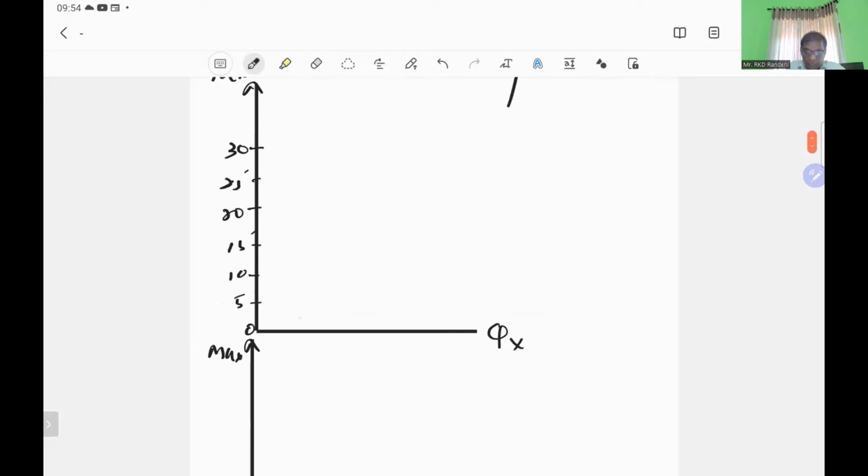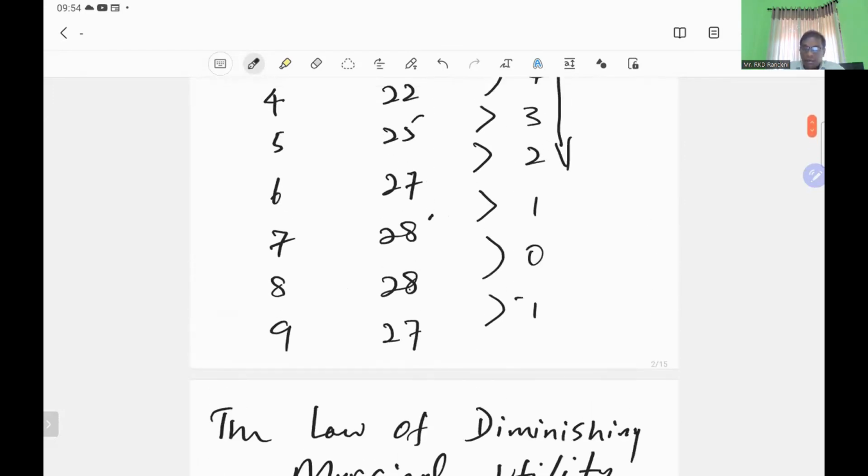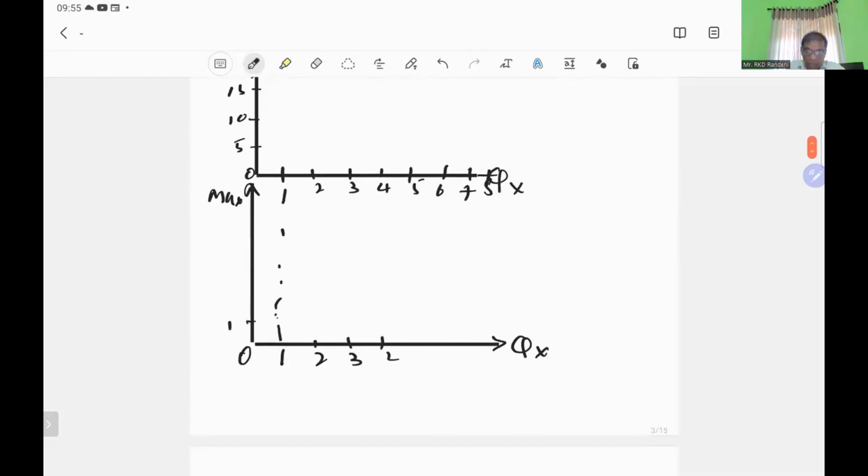Here 1, 2, 3, 4, 5, 6, 7, 8 like that. Here also the same, 1, 2, same direction. You have to consider 3, 4 like that. Then here MU is 7, 1, 2, 3, 4, 5, 6, 7 like that.